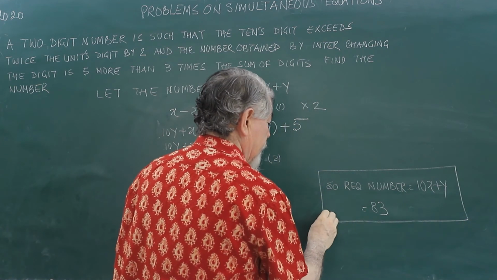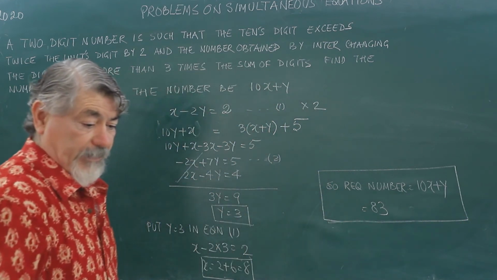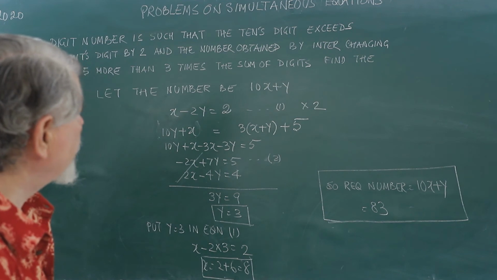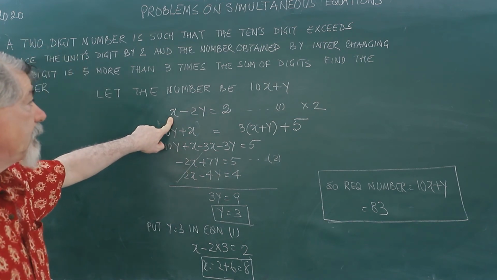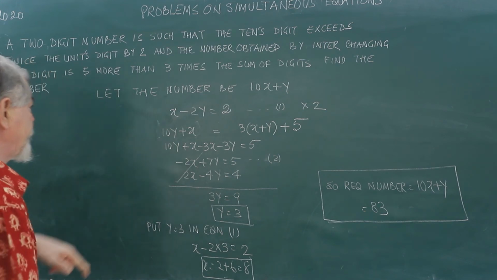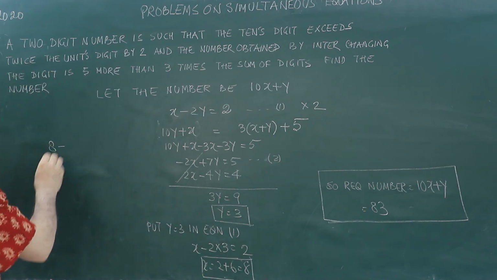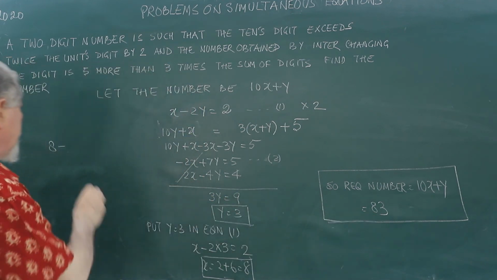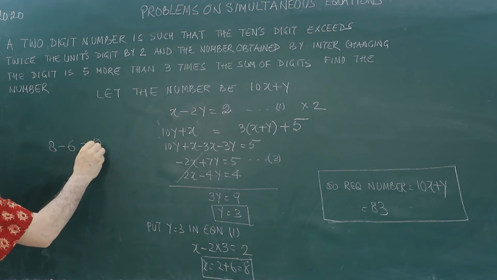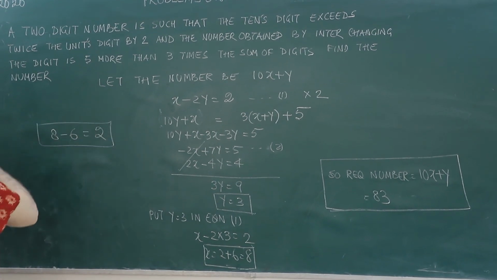Now let us check whether this number is correct by seeing the conditions. x is the tens digit, so 8 minus double the unit digit. 2 into 3 is 6. 8 minus 6 is 2. So the first condition is satisfied.